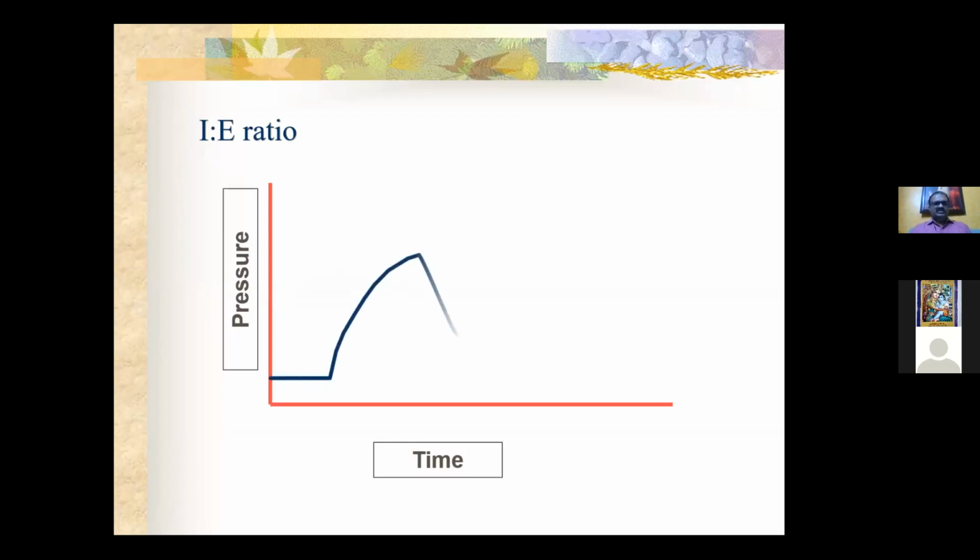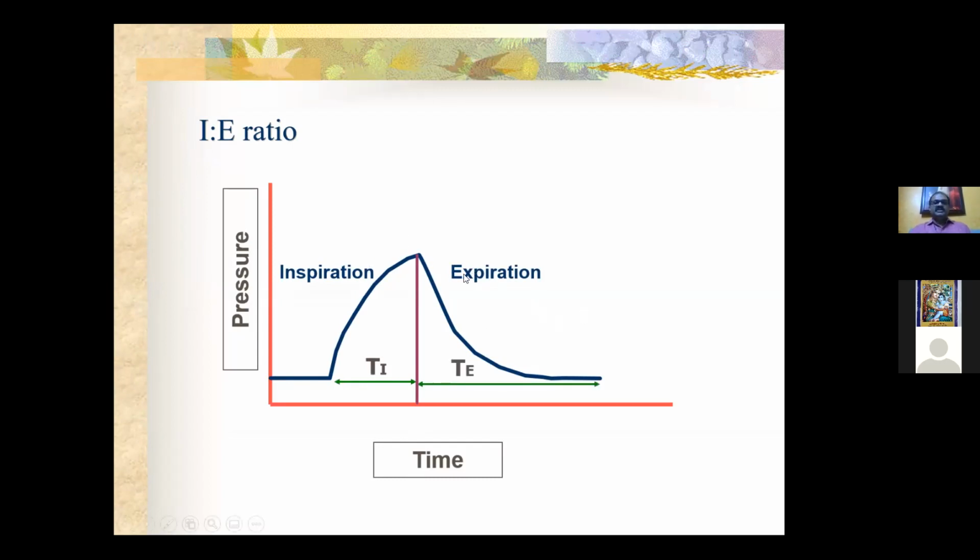I don't know how much you understand, but the first portion is the inspiration, and the second one is expiration. There will be cycling, that is change from inspiration to expiration. If you drop a line like this perpendicular to this, then this will give you the inspiratory time, and this portion will give you the expiratory time.